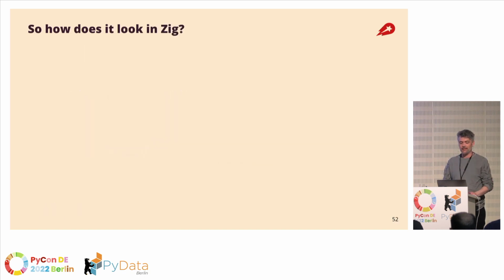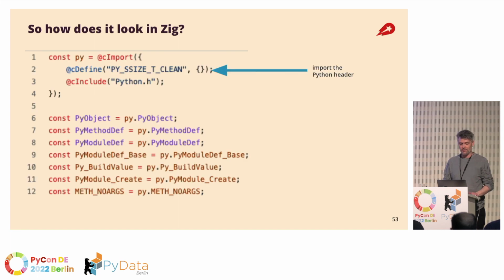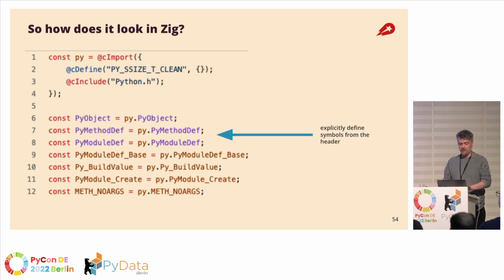So how does it look in Zig? Very similar. Here is the snippet that I showed earlier. We're importing the Python header and defining the PY_SSIZE_T_CLEAN macro. This is additional boilerplate. It's also not necessary, but unlike C, the symbols in the header file are not implicitly in scope here.